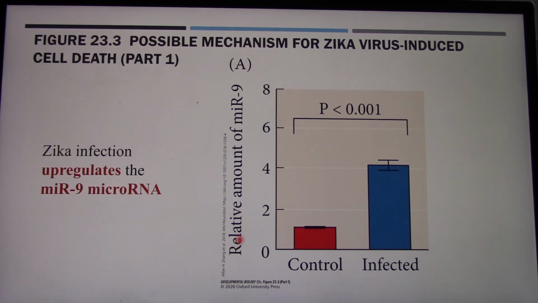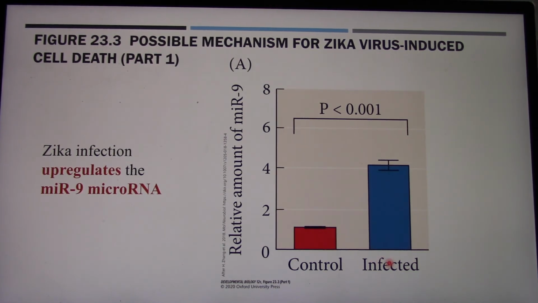Shown here on the y-axis is the relative amount of that microRNA called MIR-9, and you can see in control developing brains, you have a relative amount of 1 on this scale.